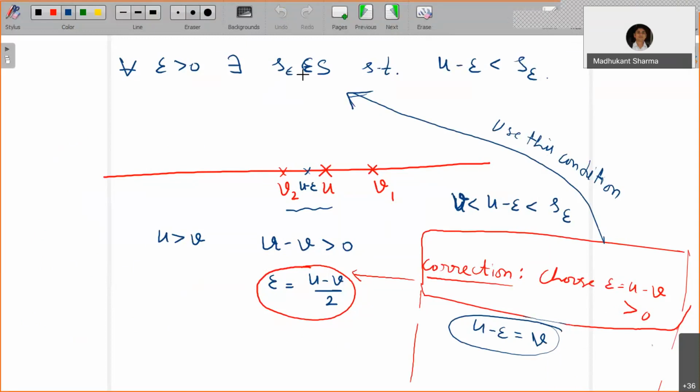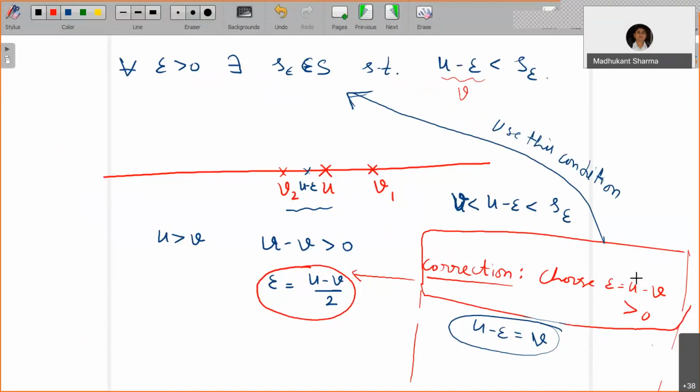So then you can apply this condition. Okay, then u minus epsilon is nothing but v. So v is no more an upper bound if you assume that u is greater than v. So that will be a contradiction to the assumption that u is an upper bound such that u is greater than v.